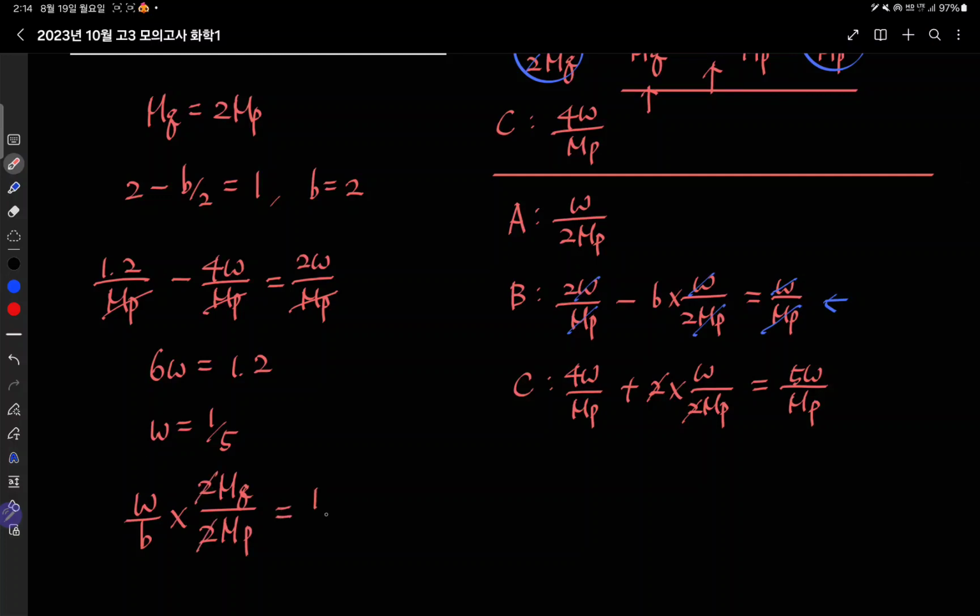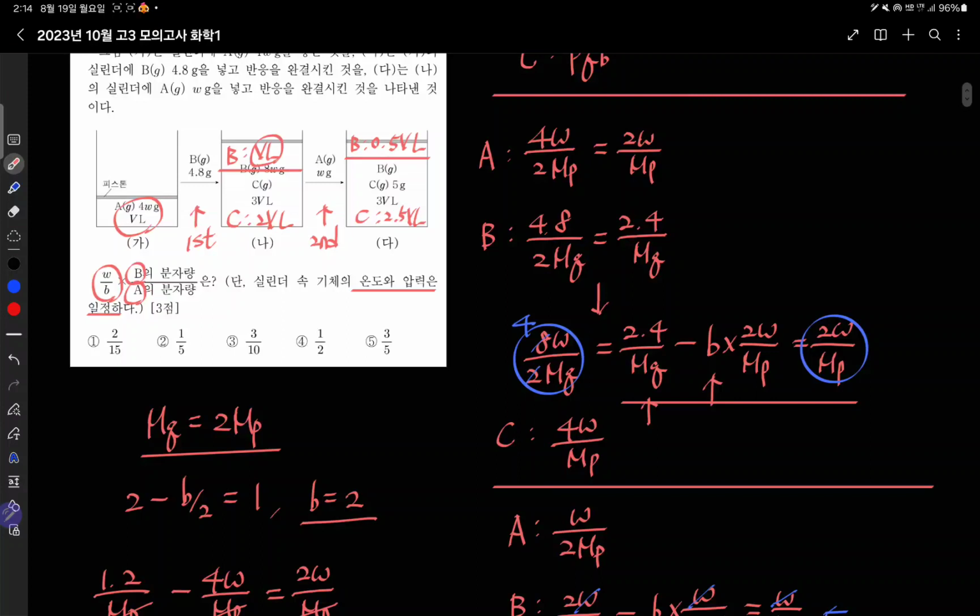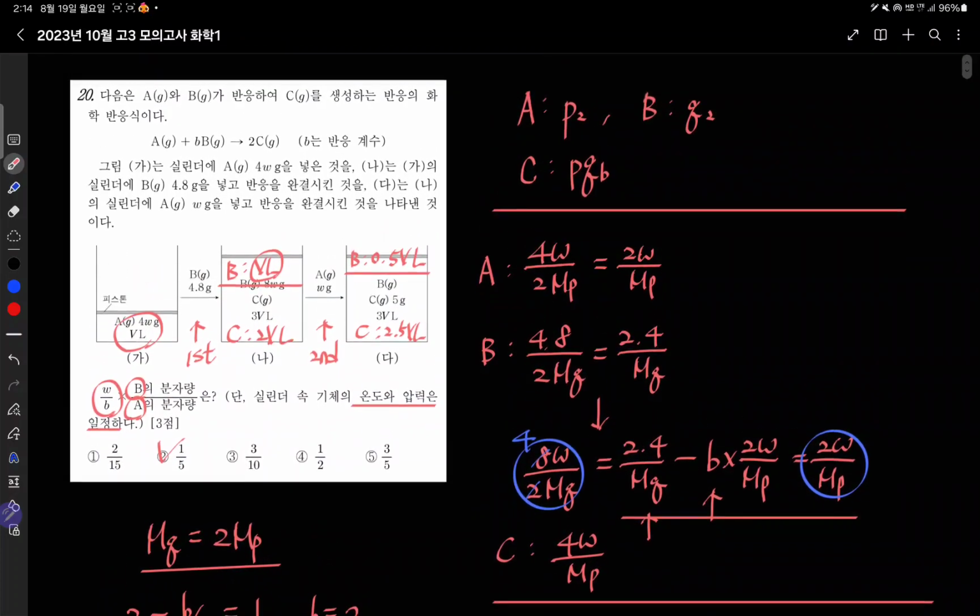So W is 1/5 and b is 2, and MQ is 2 times MP. So the final answer is 1/5. So the right choice is number 2, the second choice.